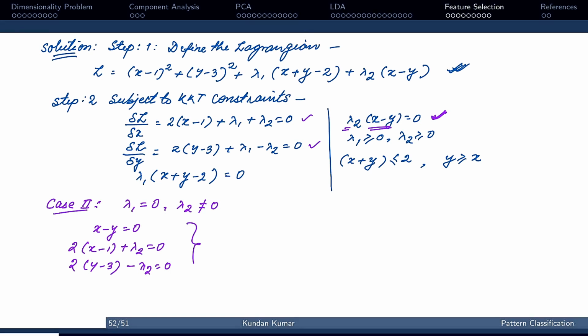So when we solve these three equations, we will get the value of x as 2, y equal to 2, and lambda 2 equal to minus 2. And already we have lambda 1 as 0. So when we check the condition whether it satisfies x plus y less than or equal to 2, we can find that it violates this constraint.